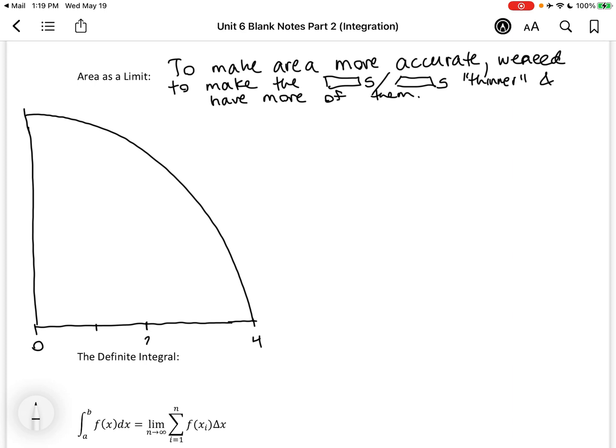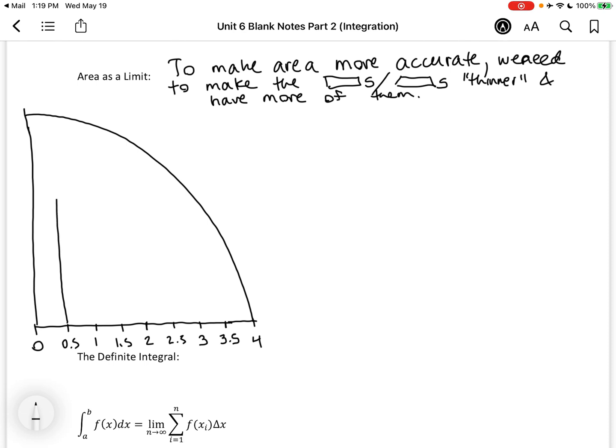then as you can imagine, this is going to look a lot more accurate because the little trapezoids are going to be thinner, and so there's going to be less space at the top between, right? We're undershooting a little bit with this trapezoid method.